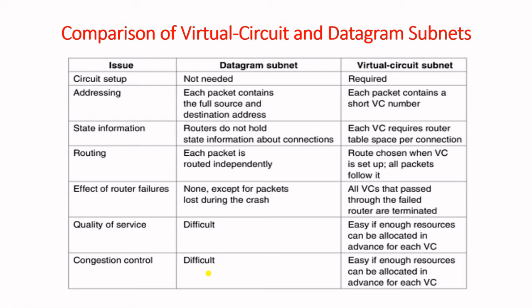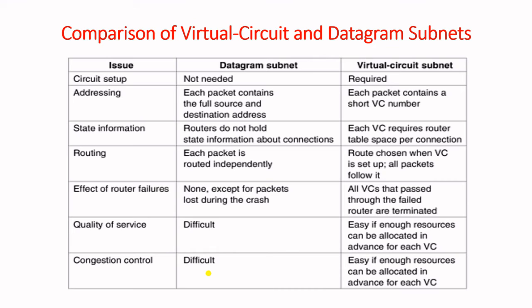Now the congestion control. What is congestion? When there are too many packets in the subnet and it is beyond the capacity of the subnet, then this situation is known as congestion. Controlling congestion is also a function of the network layer.